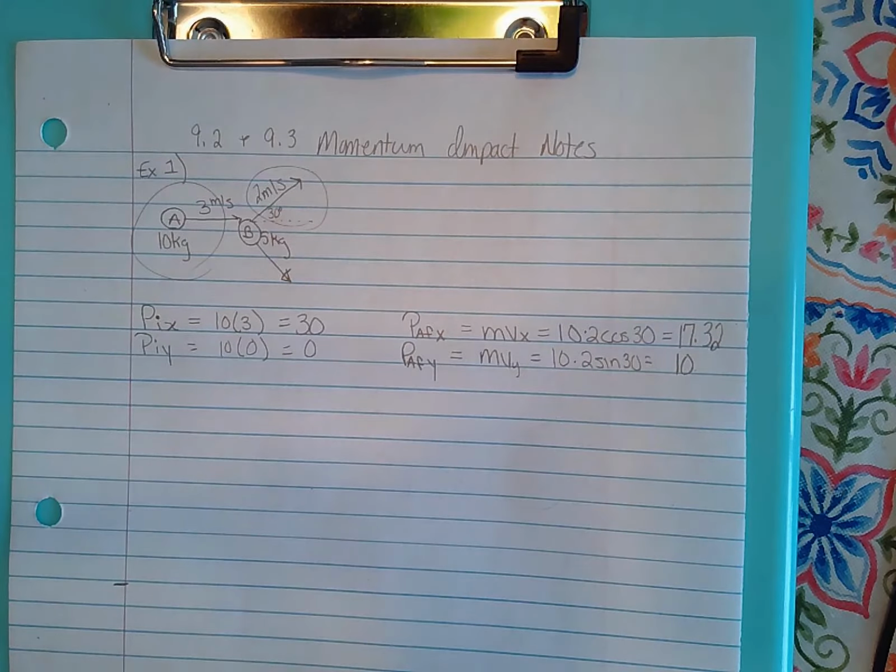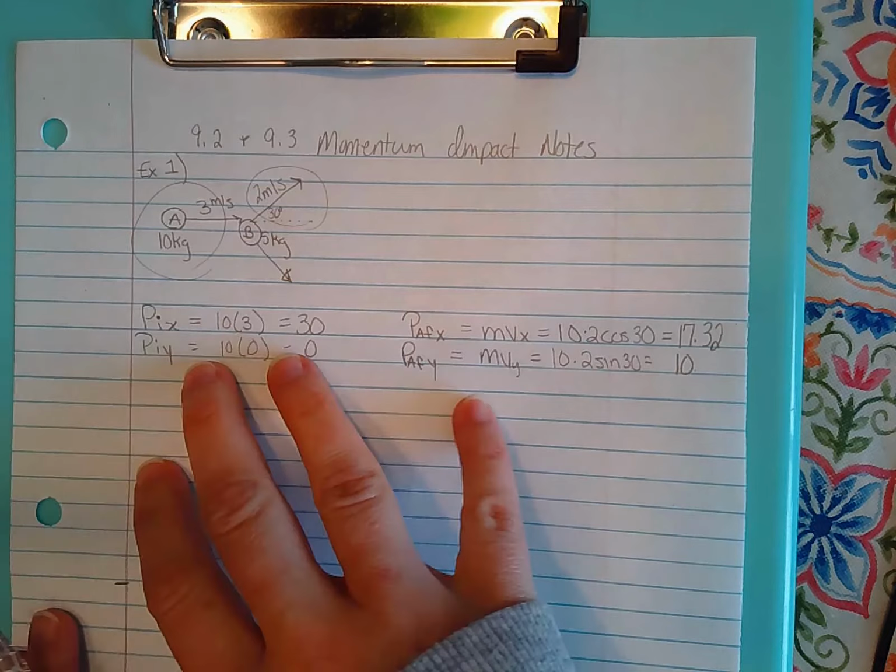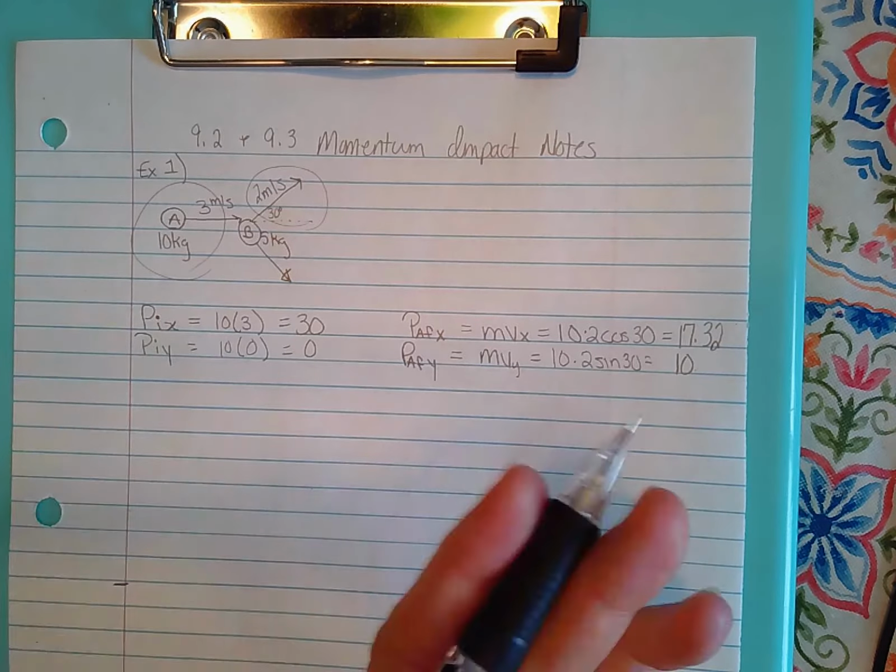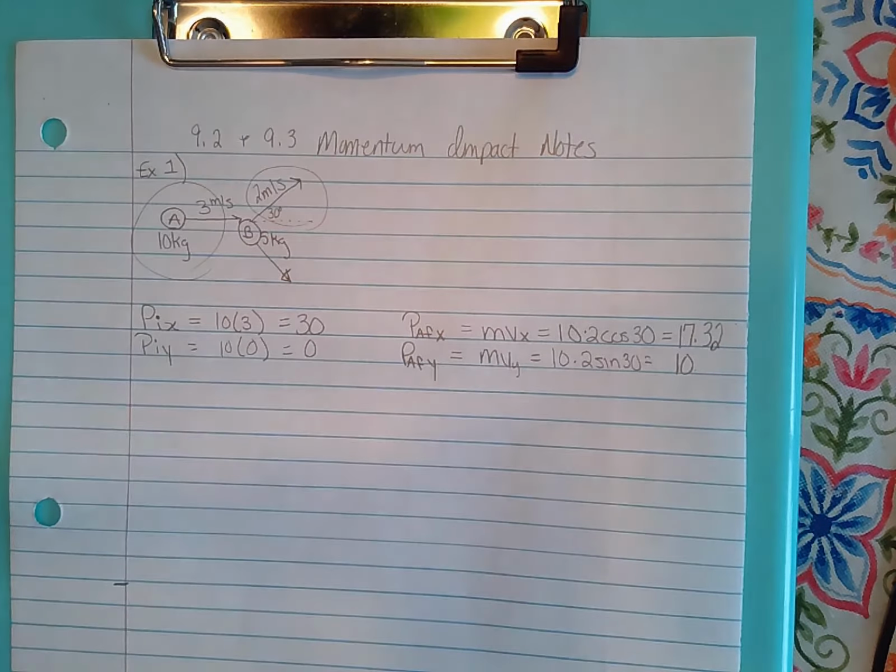Okay, so now what we need to talk about is that the final momentums of A and B together, if we are in a conservative system, which we're going to say we are in this one, need to add to the initials. Maybe you want to write that down, as long as it's stated that the final momentums add to equal the initials because we're conserving our momentum here.